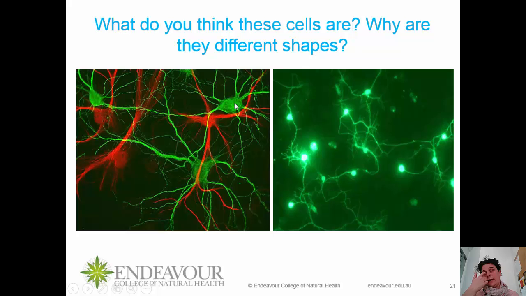This is very characteristic of neurons because they need to communicate with other neurons in a very effective and very fast way. So they've evolved a way of looking like this to perform that function. What about the red ones? The red ones in this image are actually what we call glial cells or supporting cells.